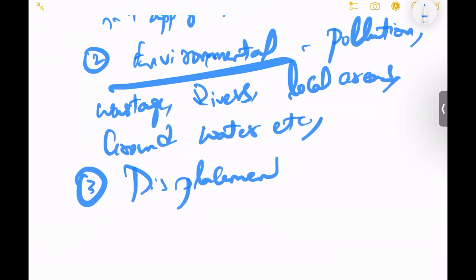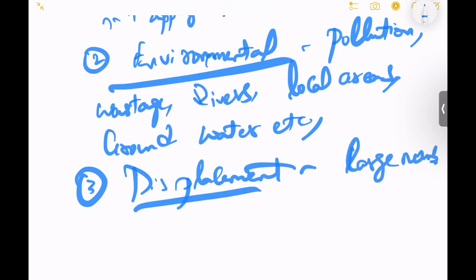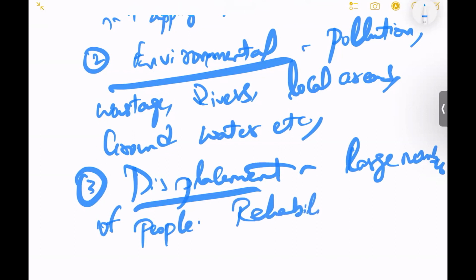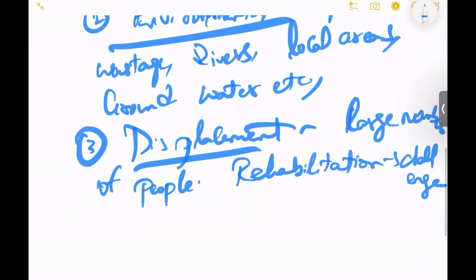Displacement of a large number of people, rehabilitation, and then there is a challenge. And then administrative delays.